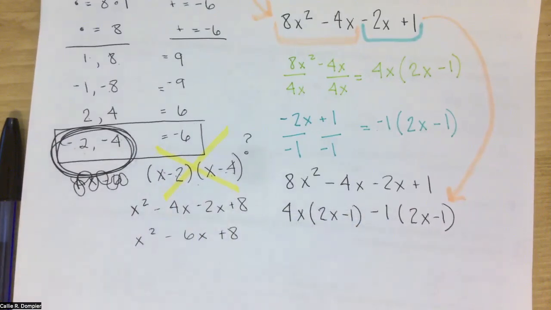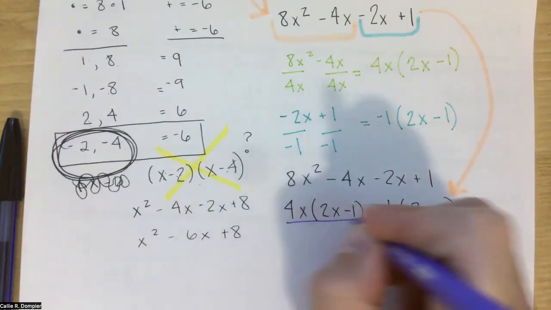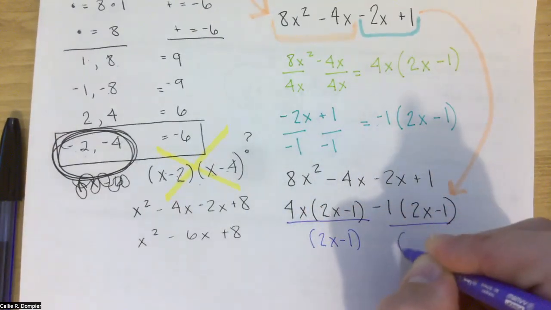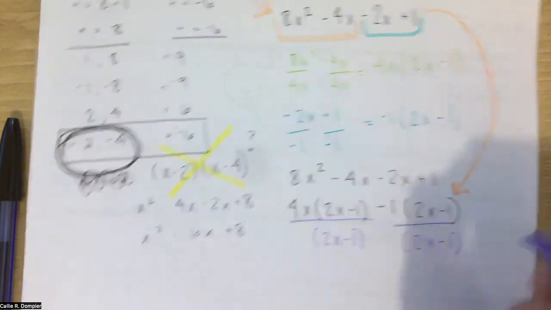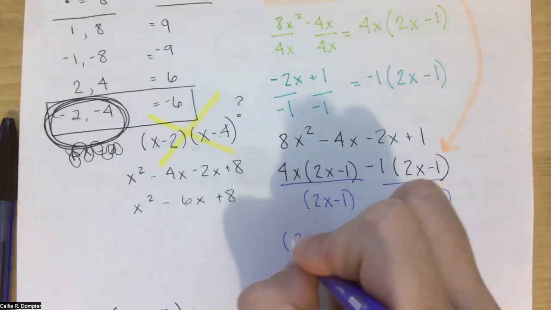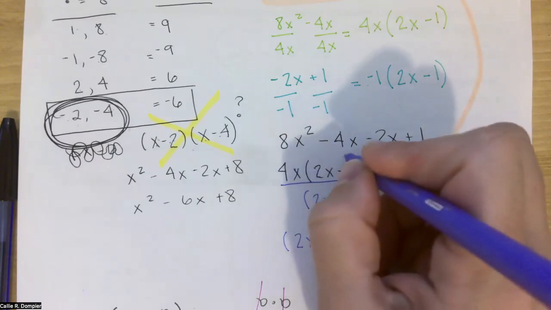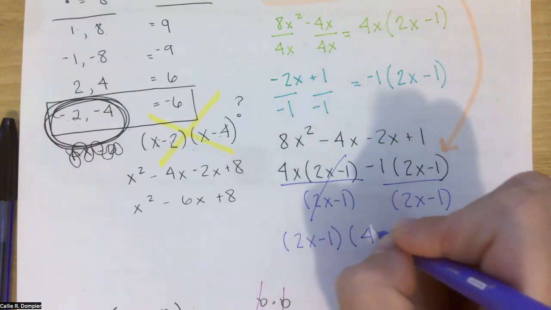And then we factor out the 2x minus 1. So then we get 2x minus 1 factored out times, when I factor that out, I get 4x.